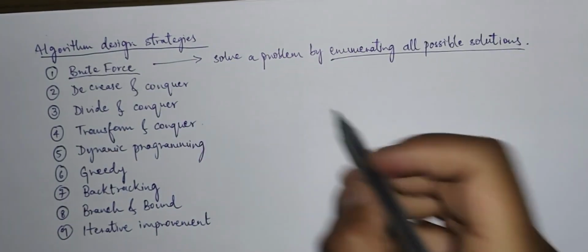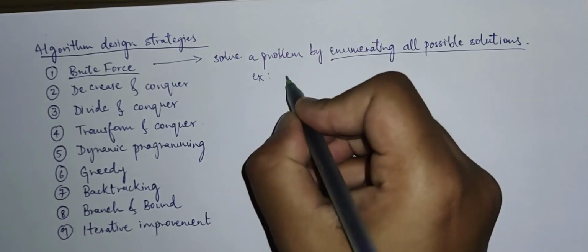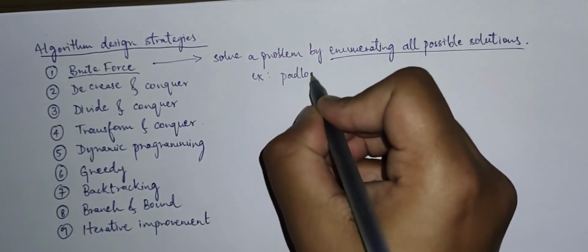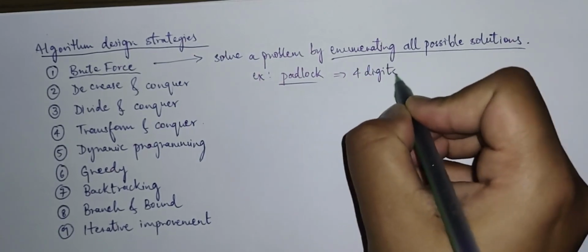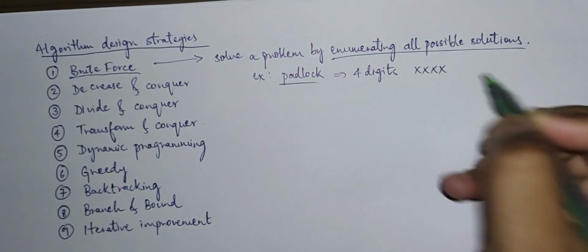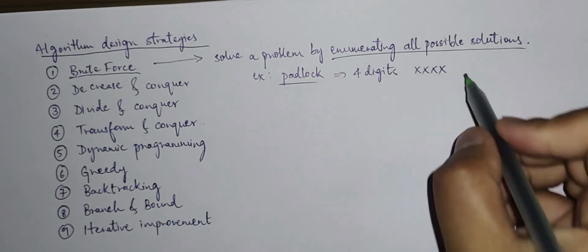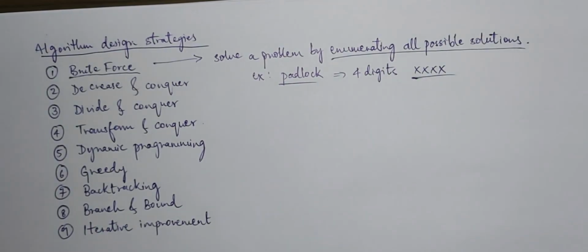Now, for example, let's assume we have a padlock with 4 digits. Let's say you have forgotten your password. What would be the way in which you would try to solve this problem?